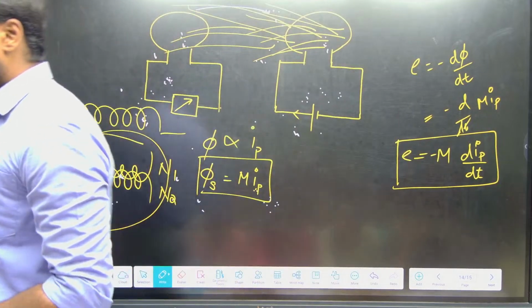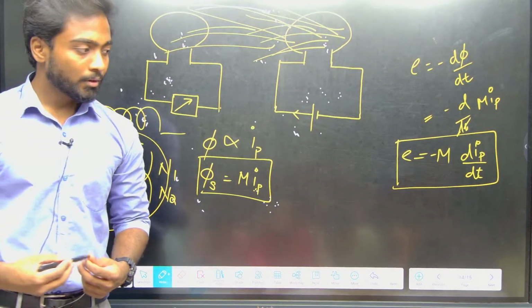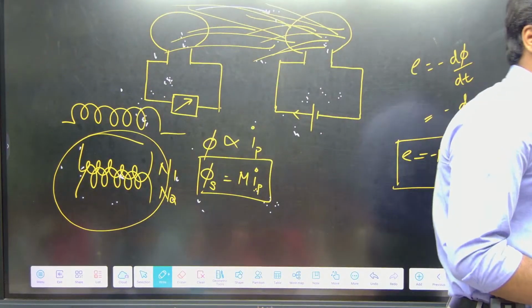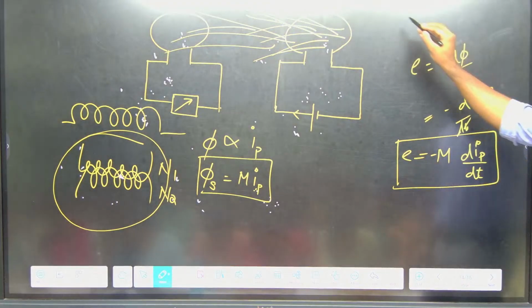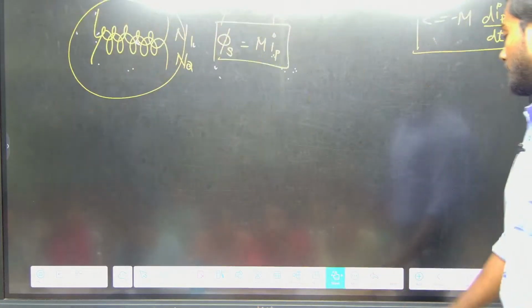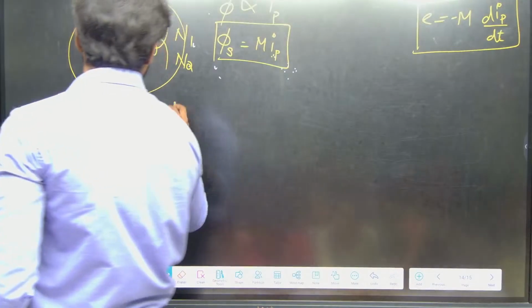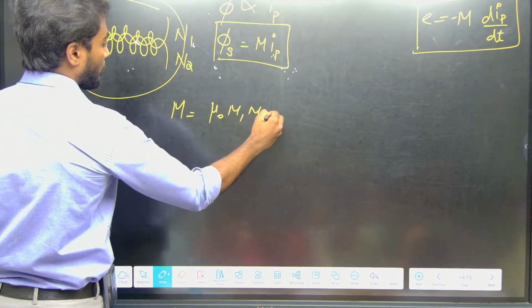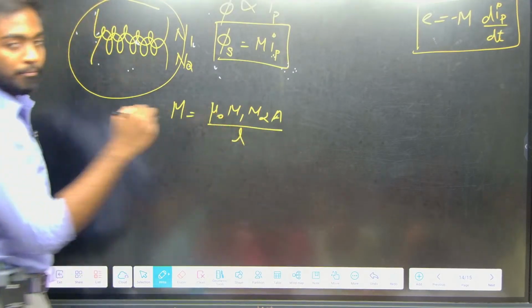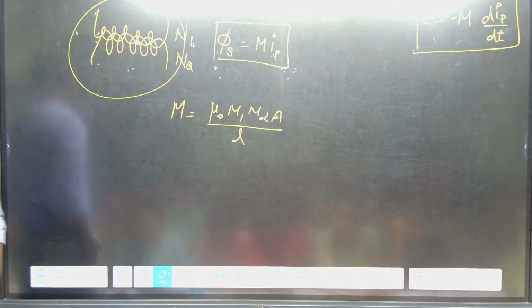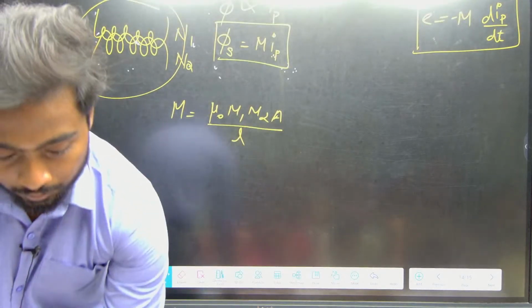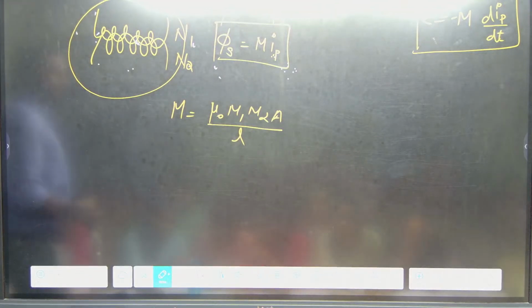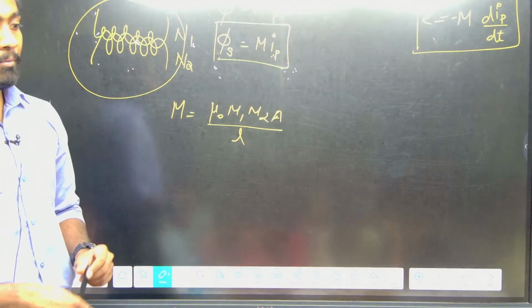M is equals to mu naught N1 N2 A divided by L. Mu naught M1 M2.